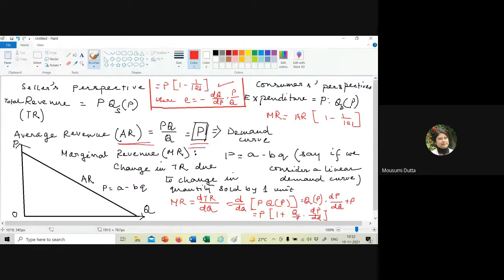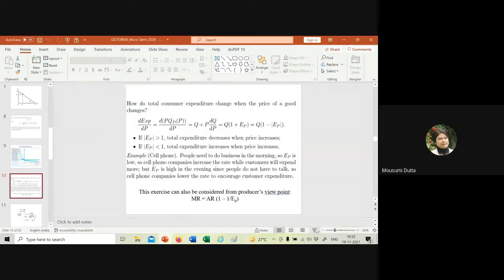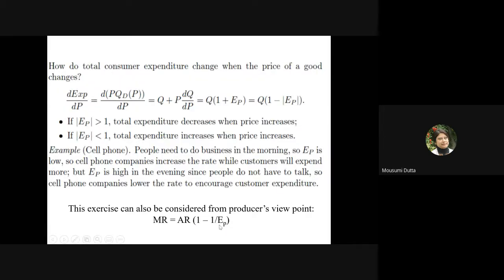So we can replace P by AR, average revenue, and rewrite the equation in this form: MR is equal to AR into 1 minus 1 upon E. Got it? Yes, ma'am. So this is the equation. MR is equal to AR into 1 minus 1 by E. This is the idea.